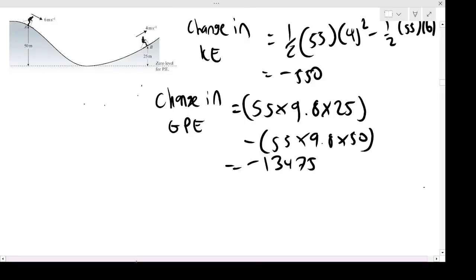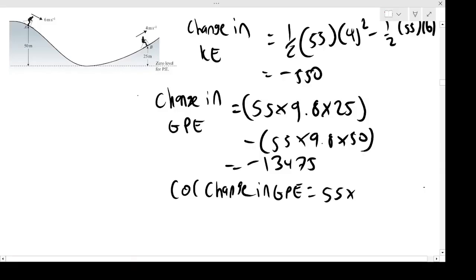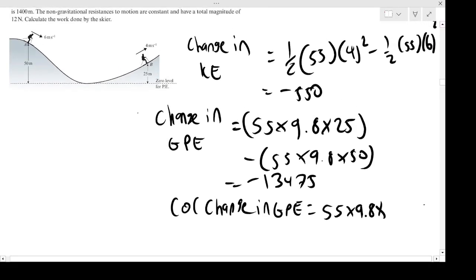Or you could do it in one step. Instead of doing these 2 different calculations, you could say that the change in GPE is again going to be mass, which is 55, times 9.8, times the height. Now, you can calculate the change in height. At the end, she's 25 meters above ground, but at the start, she's 50.